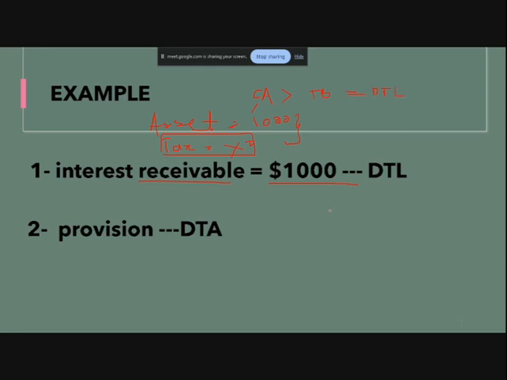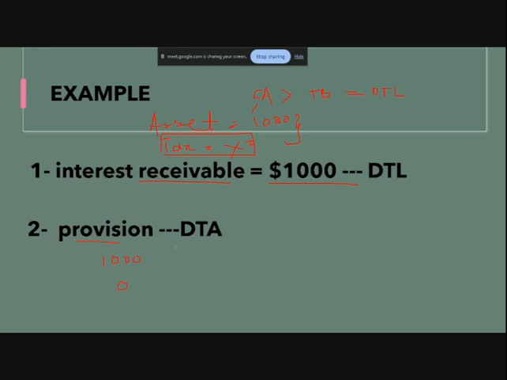Understood? Okay. Now let's look at this case, provision. We have recorded a provision, but the provision does not attract any kind of tax relief until the entity actually spends the cash. Provision is like telling that we have a liability in future, but you did not pay it yet, so we're not going to show it. Our provision will be, let's say, $1,000, and on tax base it will be zero.